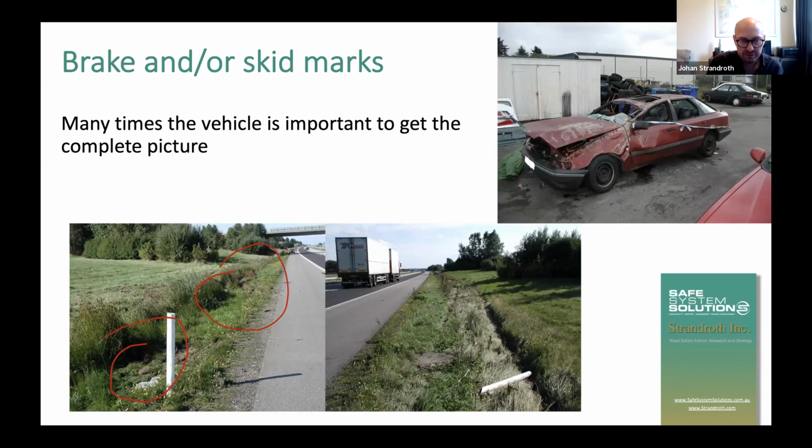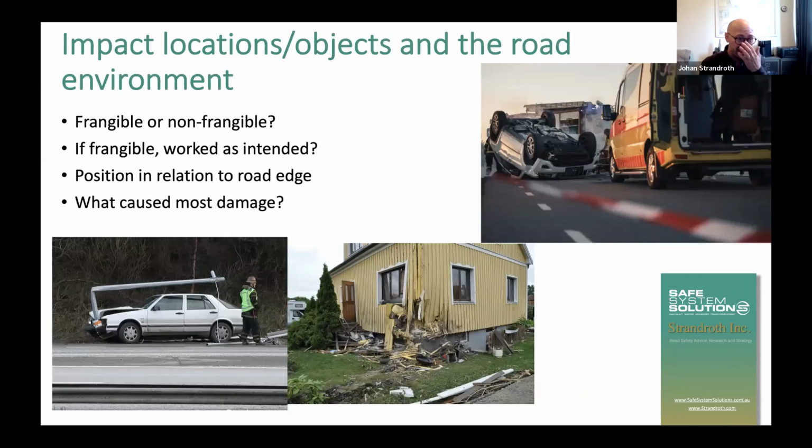Maybe you have access to the vehicle, or maybe at least you can get a photo from the police or sometimes media, and you get new information that you didn't get anywhere else. You want to understand a bit more about objects and impact locations and the road environment. So frangible or non-frangible, did they work as intended?